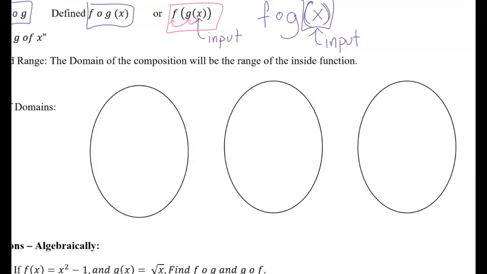Now, mapping notation is just a visual representation of what's happening for your function. On the left, the leftmost oval is always going to be your initial input. So in this example, let's show you guys f of g of x, meaning our initial input, our innermost parentheses, is x.